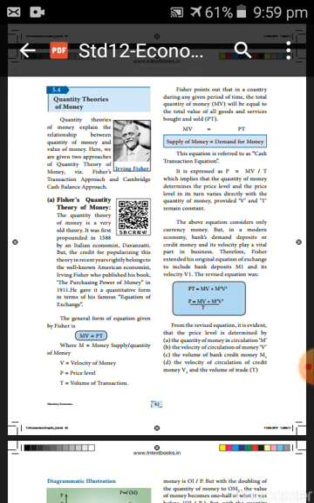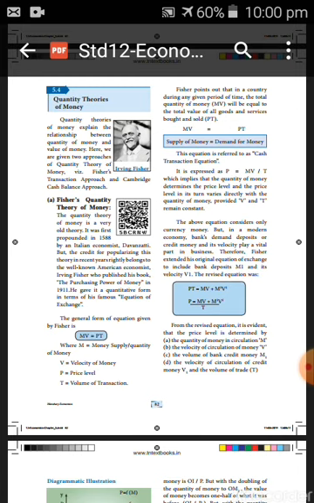Good evening, students. Today we'll teach quantity theories of money. That is nothing but it explains the relationship between the quantity of money and the value of money.